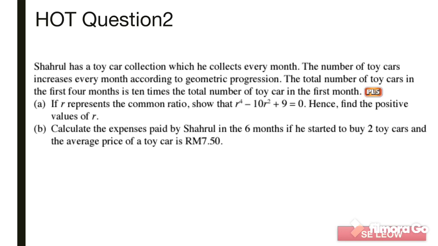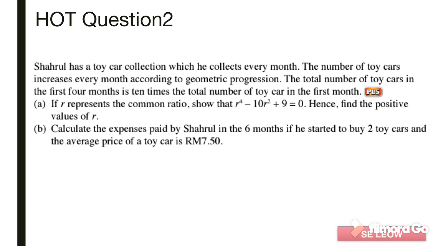Cheryl has a toy car collection, which she collects every month. The number of toy cars increases every month according to a geometric progression. The total number of toy cars in the first 4 months is 10 times the total number of toy cars in the first month. This is a very important sentence. Total number. Okay, when you see total, it is always Sn. Alright?